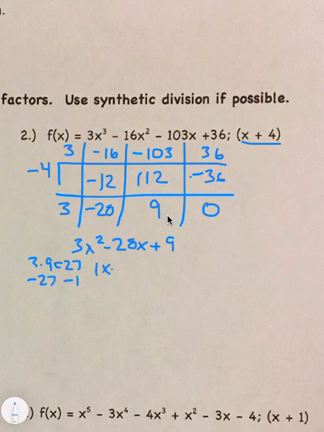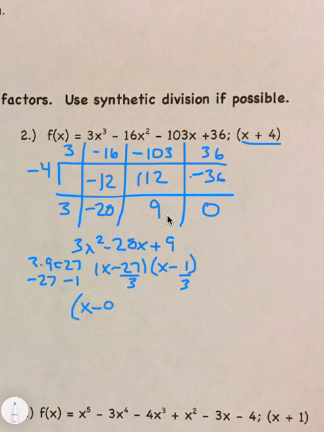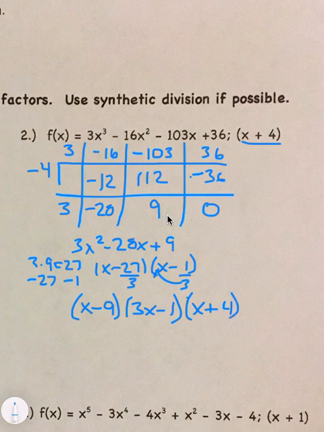So I have x minus 27, x minus 1, but then I need to divide by 3 for the a value. So hopefully you're remembering how to factor and using the A times C method. So this becomes x minus 9. This becomes 3x minus 1, and then we still have the x plus 4. So those are the three factors.